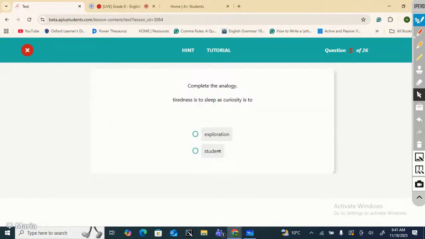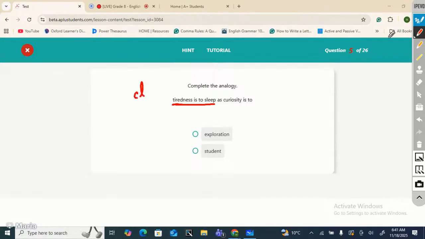Tiredness is to sleep as curiosity is to. What kind of relationship does this analogy have? Tiredness is to sleep.